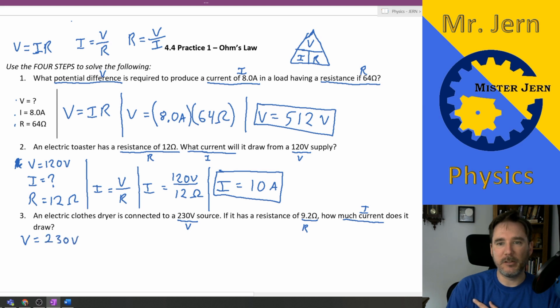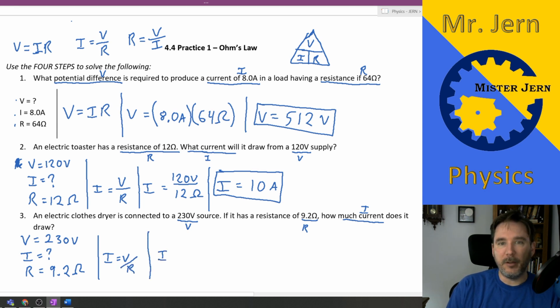So voltage is 230. I is our question mark. And our resistance is 9.2 ohms. So once again, we're going to use I equals V over R. And I plug that in.